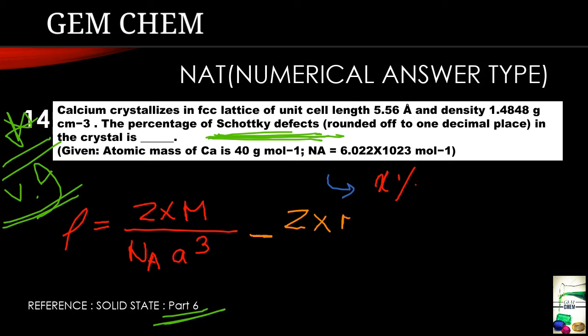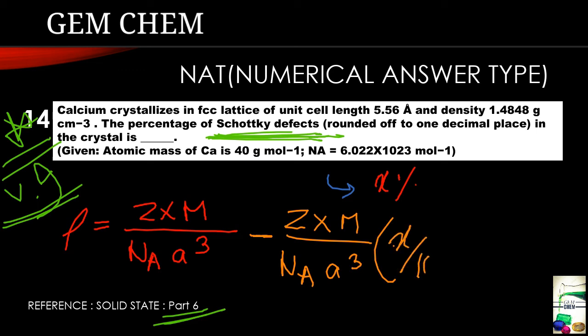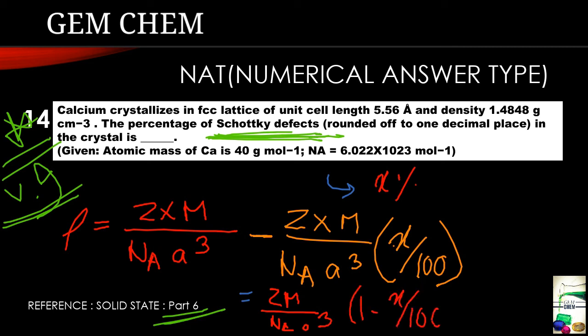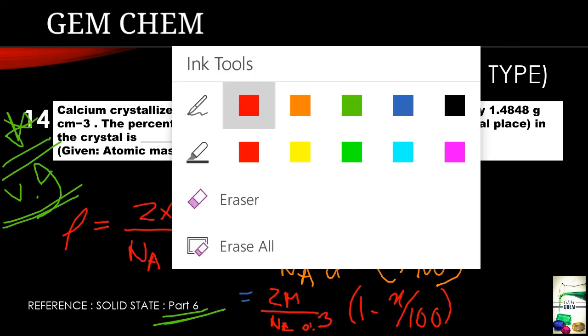So Z into M by NA A cube into X by 100. This is the percentage, right? So if we just take the common things out, that is Z M by NA A cube, we are left with 1 minus X by 100. Now we can easily substitute the different values here.